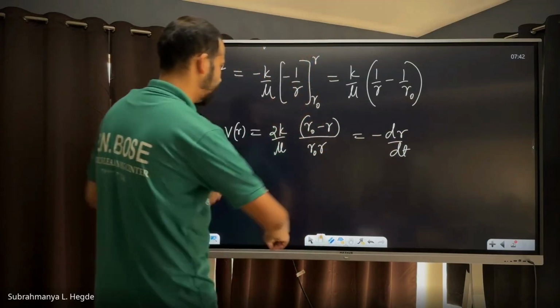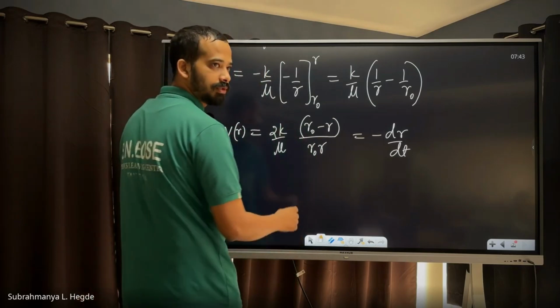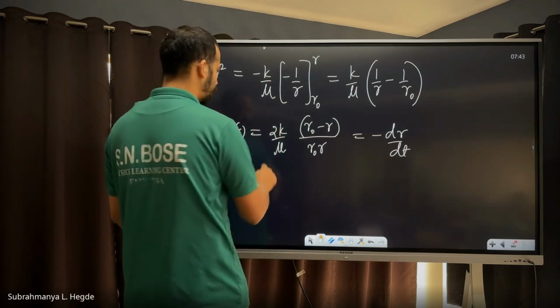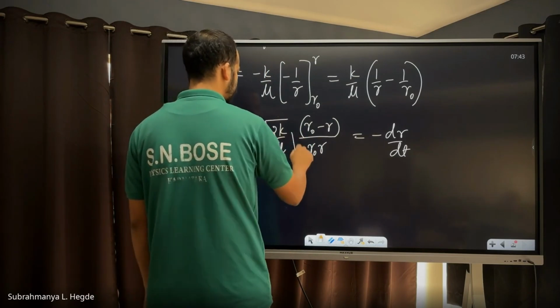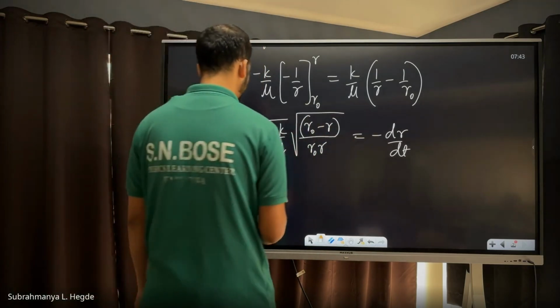Something is missing. What is it? Under root is missing. It was v square, am I right? Under root is missing. Be careful.